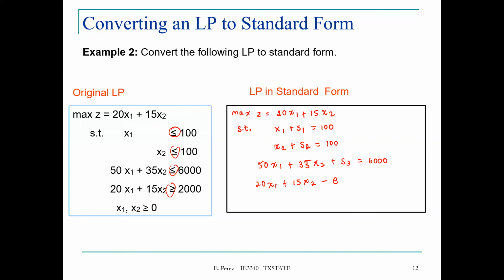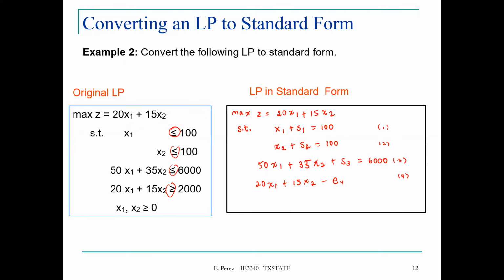Now, the way you name this is by using the index of the constraint. This is constraint 1, constraint 2, constraint 3, so this is going to be constraint number 4. Then you can use E4 here. But the name is not important, as long as you have a different name for each constraint. What you cannot do is have the same slack variable in constraint 1 and constraint 2. In constraint 1, we have S1; in constraint 2, we have S2, so the name is different.